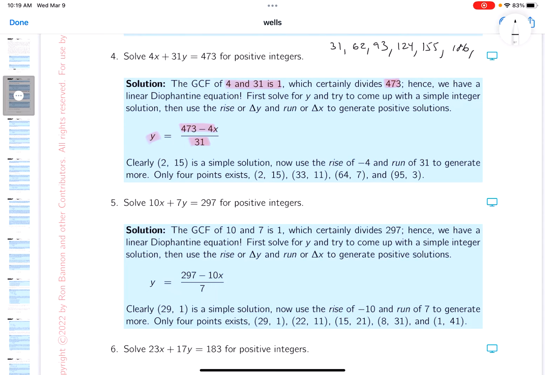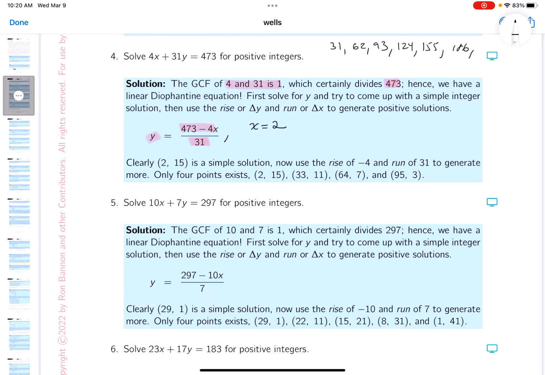What I've got to start thinking about is making that top number divisible by 31. You might say to yourself, it's really tough to do, and it may be, but you could keep writing these multiples down. And I believe if you did that, you're going to arrive at a really simple multiple on the top, and that's when x happens to be 2.